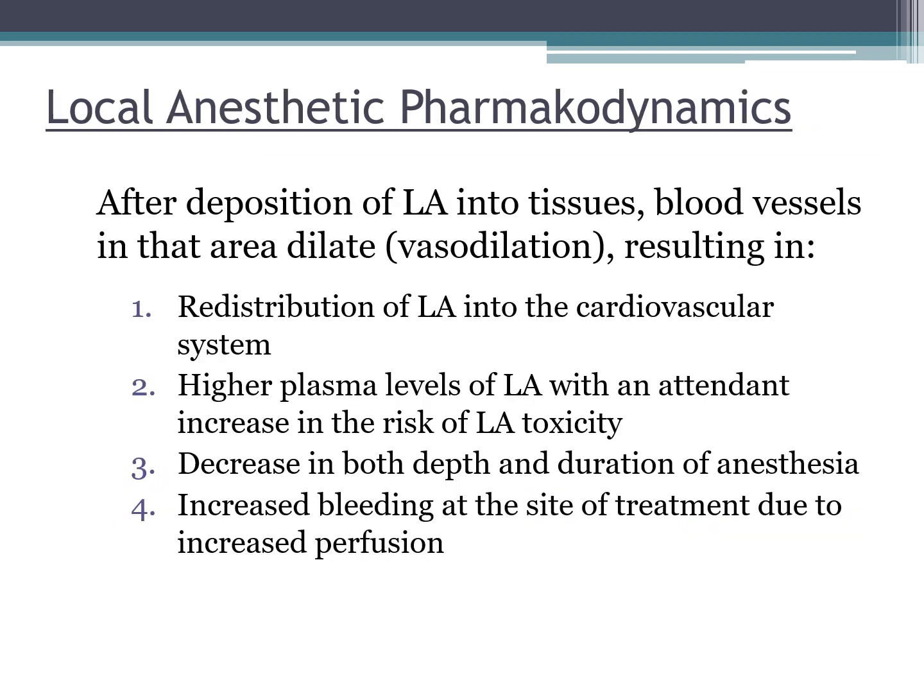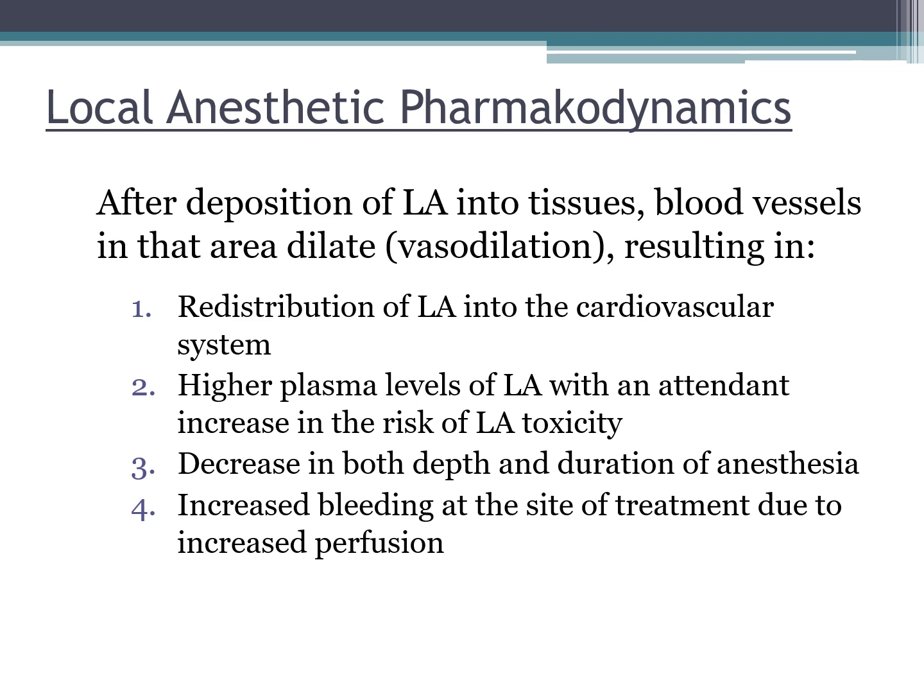Okay, let's talk about local anesthetic pharmacodynamics. All clinically effective injectable local anesthetics are vasodilators. The degree of vasodilation ranges from significant, like procaine, to minimum, like prilocaine and mepivacaine, and varies with both the injection site and the individual patient response.